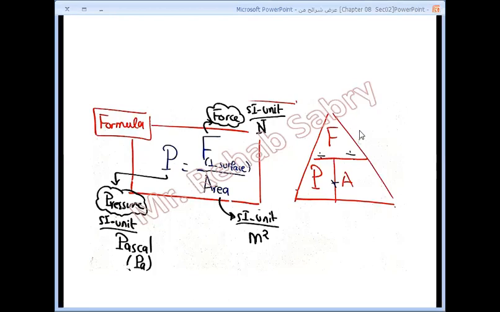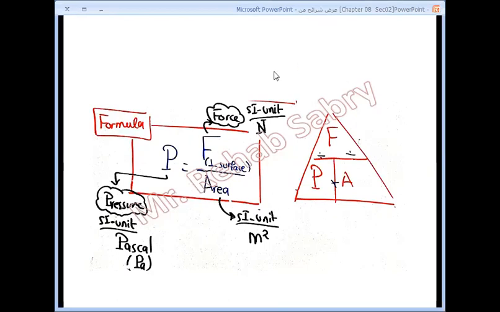Okay, so again, the formula is P equal F divided by A. P is the pressure, the measuring unit is Newton per meter squared. Someone may look here and say, no, mister, you wrote something different. You wrote Pascal. What is the Pascal?